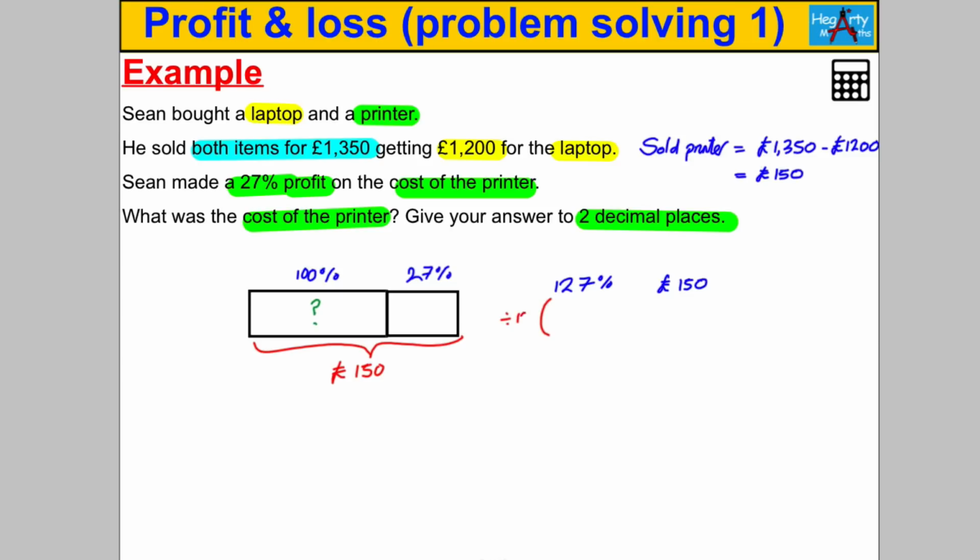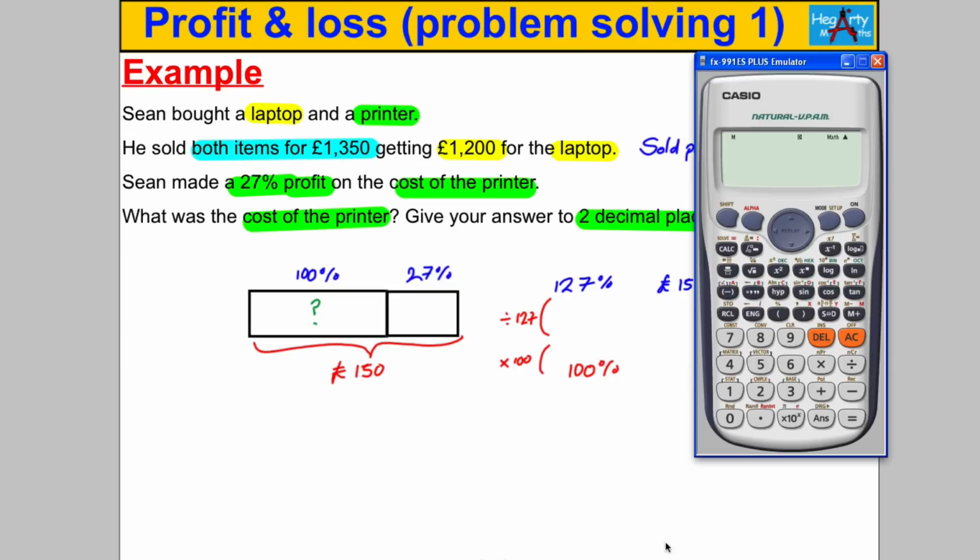If we divide by 127 to get 1% and then multiply by 100 to get 100%, that will get us there. And we need to do the same to the other side. So divide by 127 and then multiply by 100. But we're allowed a calculator.